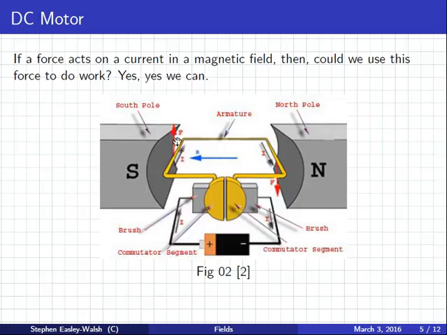And then here, the current is going back, the magnetic field is going to the right, so the force is going down. Because this force is going up and this force is going down, what will happen here? This will start to turn.